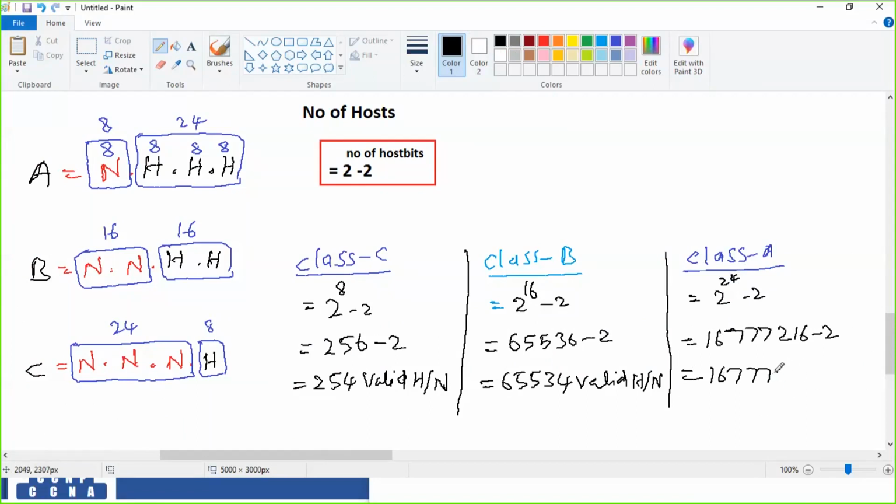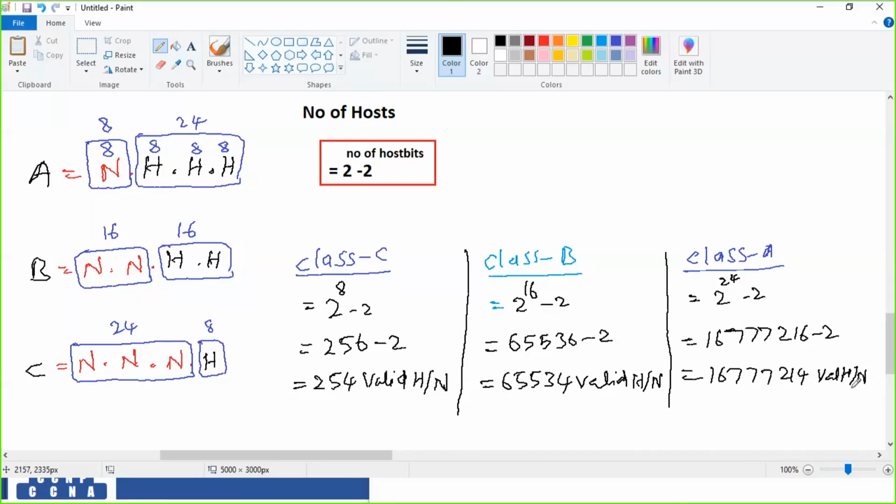That is 214, the valid hosts per network. So 16 million plus usable IPs are available for each network in class A. Got it?